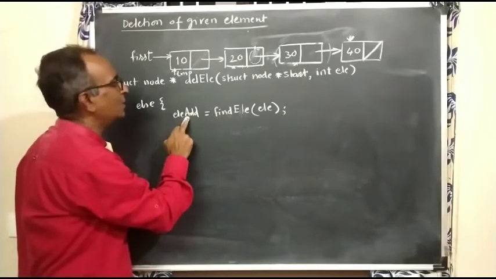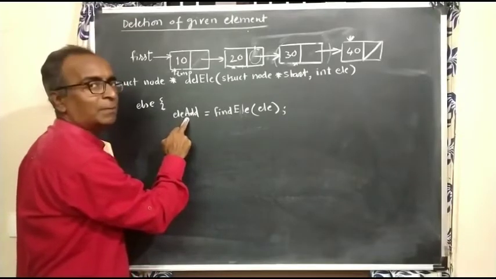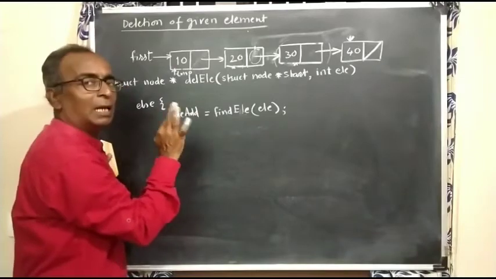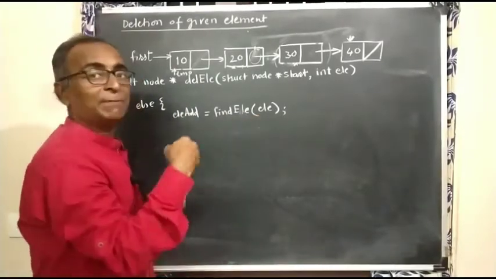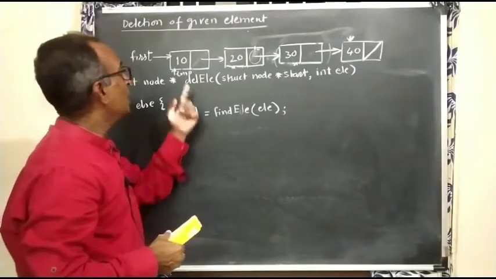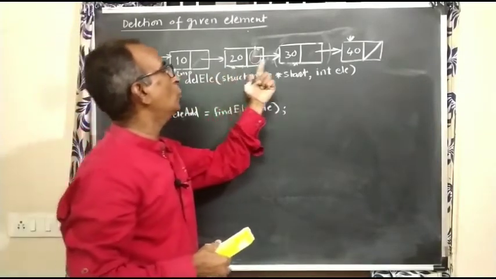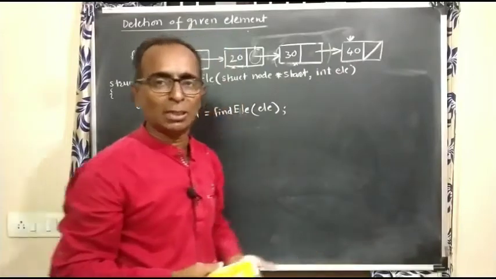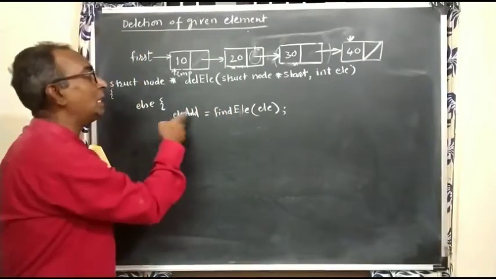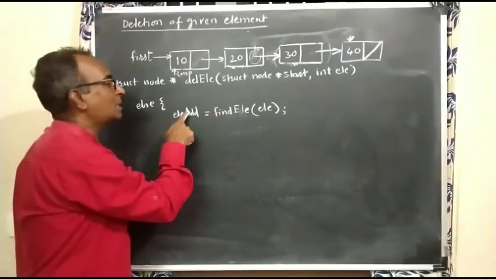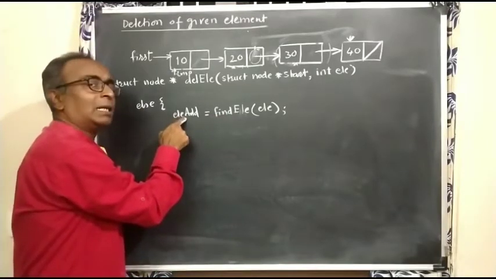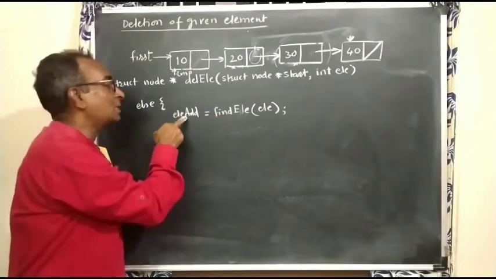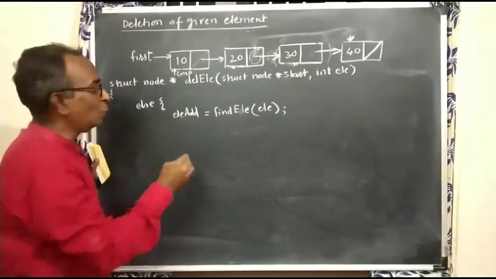If it returns me some address, then I can say that the element is present. But if you give find element 50, is it 50? It will check, no, the list is exhausted. So it should return me null in that case. Means when the search is successful, element address has some value. If it has null value, then the element is not found.